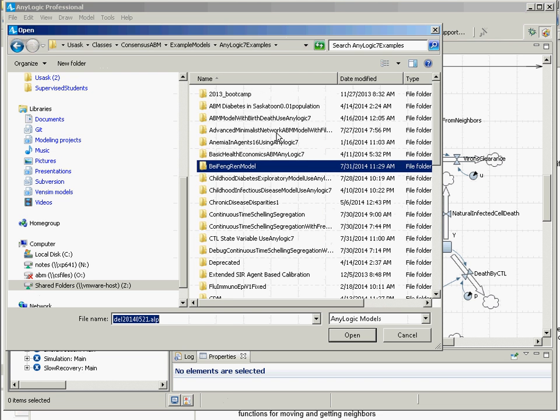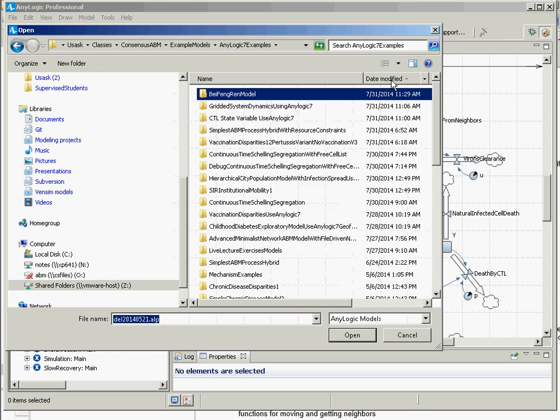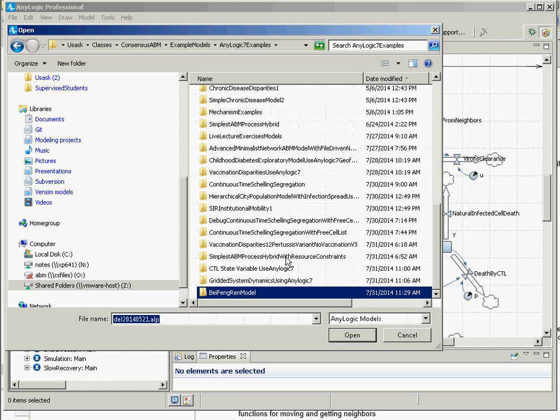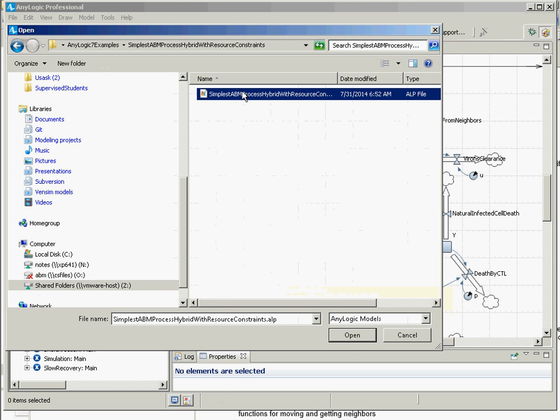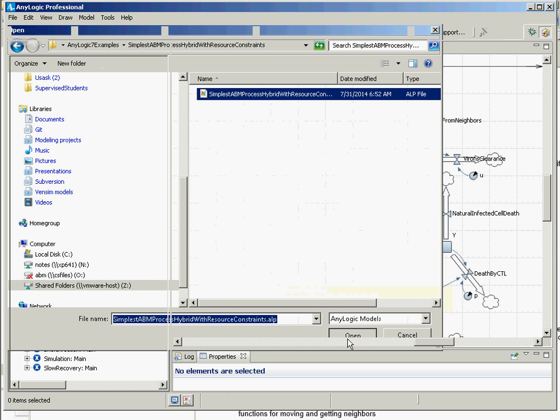It's called simplest ABM process hybrid with resource constraints. Okay, this is in contrast to models we've seen before. This deals with a different hybridization, ABM with discrete event modeling. Okay, so let's take a look at this model, and we'll see in detail how it works.